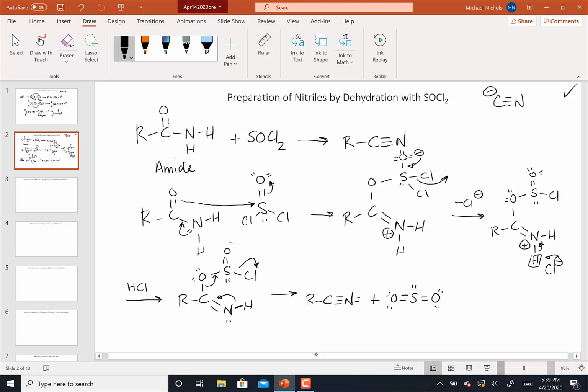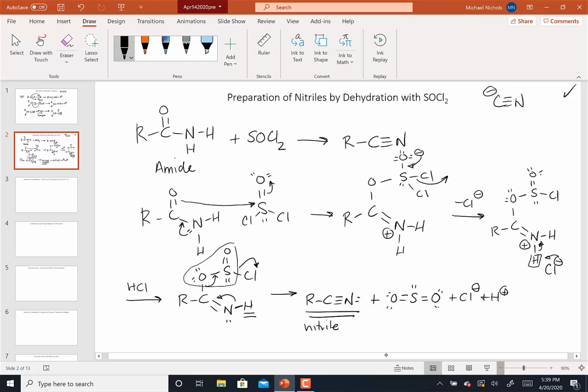So in other words, this part of the molecule. And I'm going to end up with a Cl minus, and that Cl minus is going to end up combining with that H plus. And so I'll end up forming my nitrile by that second step.